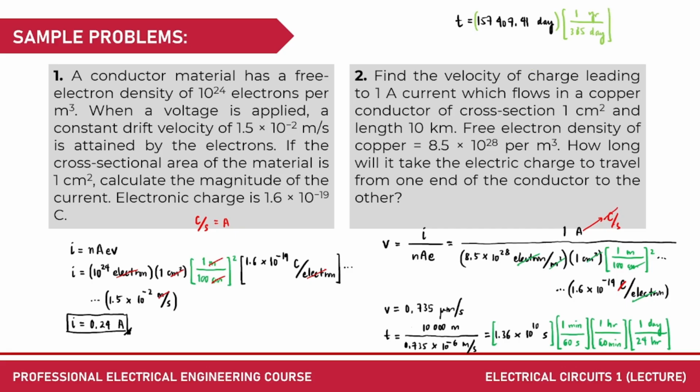And finally, we get the value of this as 431.25 years. So this is the correct answer. How long will it take the electric charge to travel from one end of the conductor to the other? Okay?